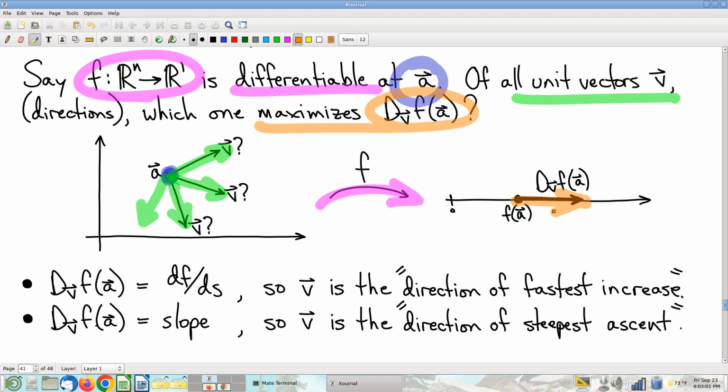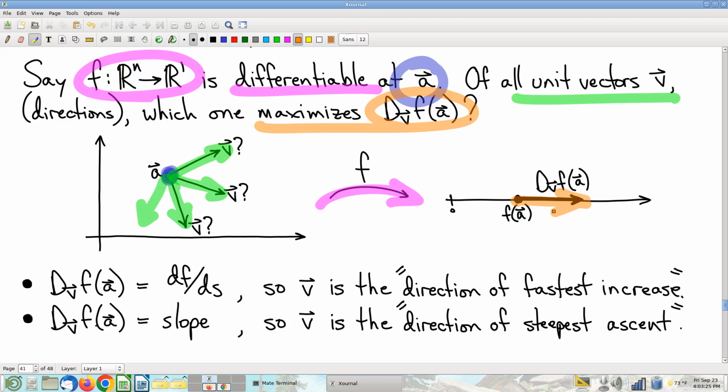Now, how fast I walk in that direction, that's my problem. As fast as I can. That's a given. But which direction, I want to decide on the basis of which one's going to maximize my directional derivative. Does that seem like a reasonable choice? So this is a natural, reasonable question.